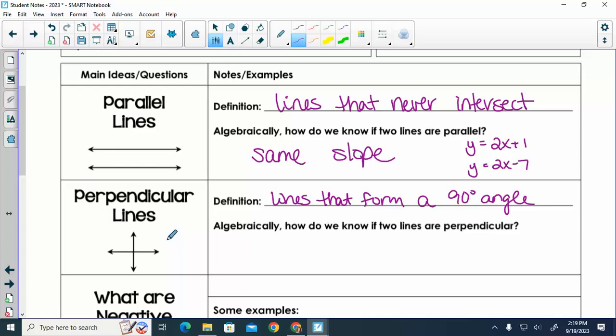So, lines that form a right angle or a 90-degree angle, those are perpendicular. What would have to be true about the slopes for that to happen? The angle is 90. They're opposite reciprocals.